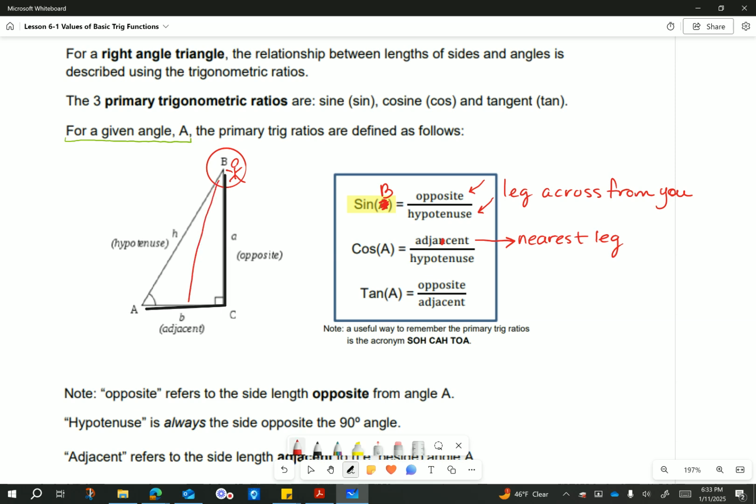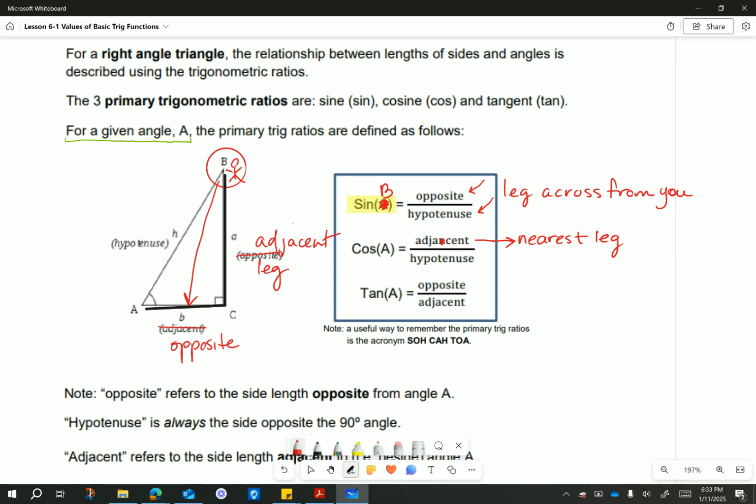This time, the leg opposite from you would be that one, okay? So it really is important for you to understand where you are standing to determine which is your adjacent leg and which one's your opposite leg, okay?